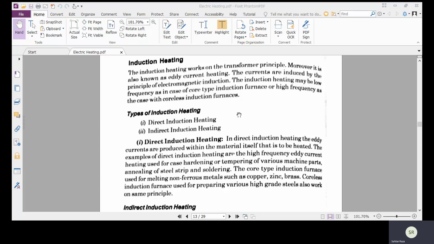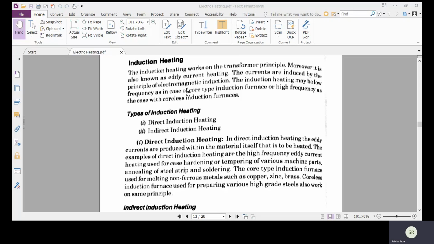In induction heating, we normally consider the eddy current heating. Induction heating is also known as eddy current heating. The currents are induced by the principle of electromagnetic induction.